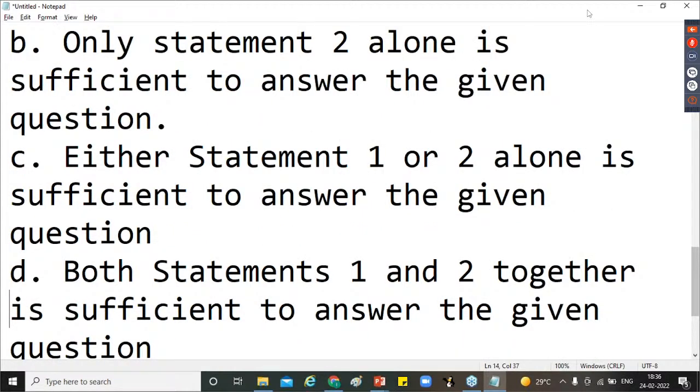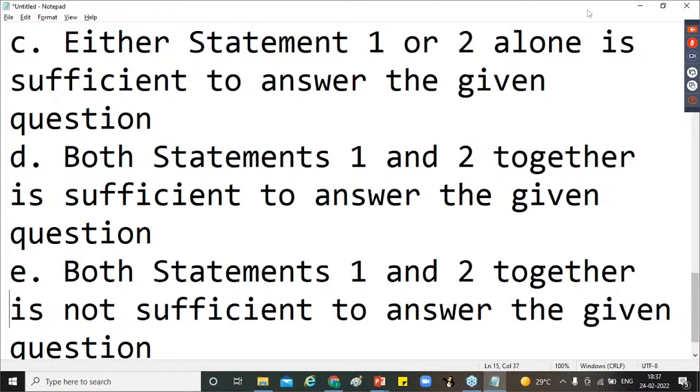Get the difference, all of you. Next one, option D, both the statements one and two together is sufficient to answer the given question.